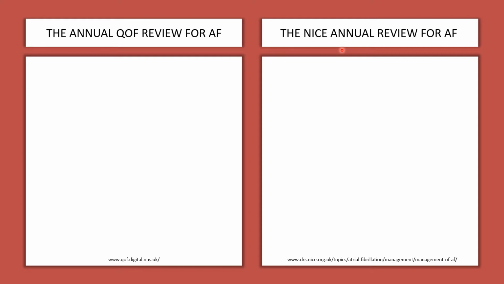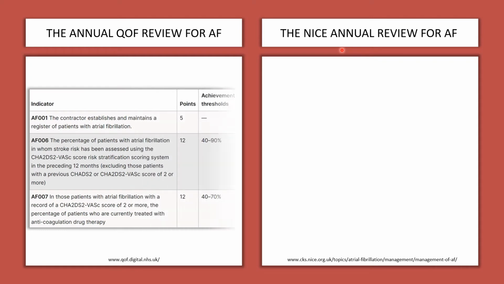But anyway, that aside, often in general practice, you'll see something different in the annual QOF review versus the guideline review. So as you can see here, if we look at the latest QOF for AF, there are always points for the GP keeping a register.